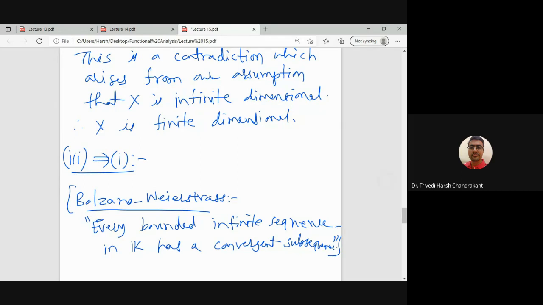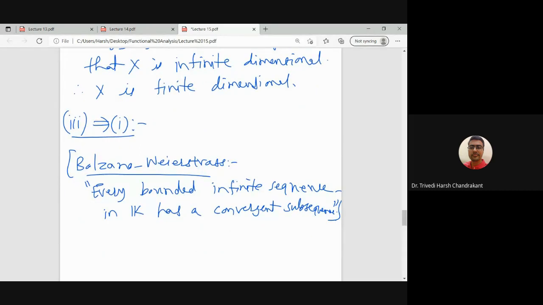So this is the Bolzano-Weierstrass theorem on real or complex numbers. That we are going to use here.